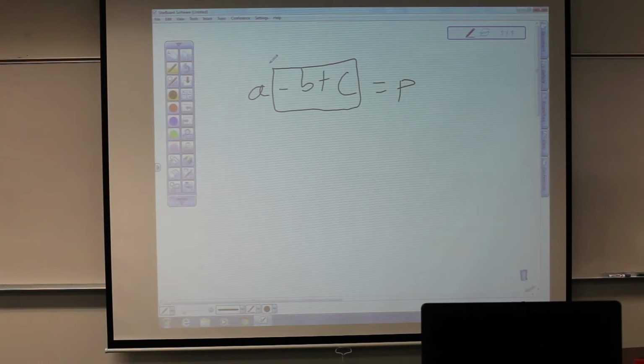You have to add or subtract both of them from each side. Okay, so what am I adding or subtracting? First you would add B, and then you'd subtract C. Everyone agree with them? Yes. You're right. And the order of the addition doesn't matter, but the subtraction one does.